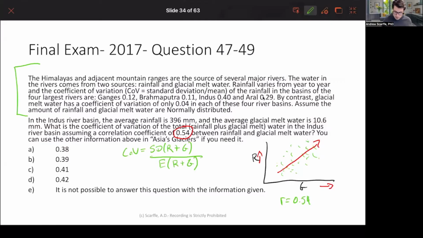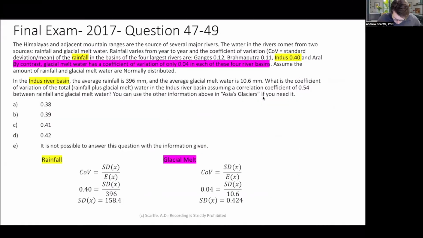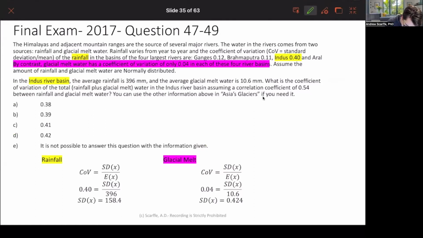In this case, our random variables are rainfall and glacial meltwater. So it is possible to calculate our standard deviation of each of these variables. And importantly, we are given our expected values of both rainfall and glacial melt. So our expected value for rainfall is 396, and our average glacial melt is 10.6 millimeters.